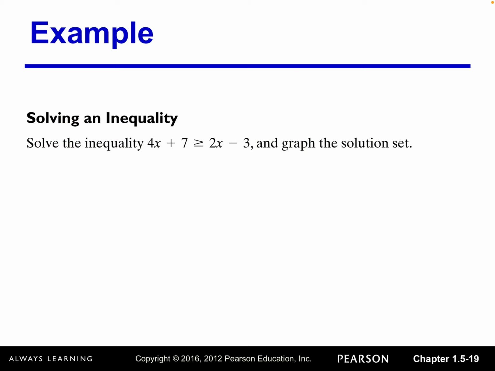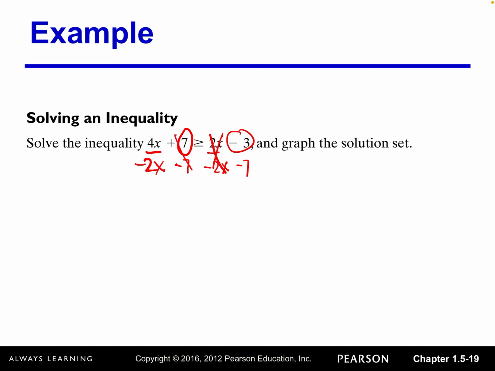All right, let's try another example. Solve the inequality 4x plus 7 greater than or equal to 2x minus 3. Similar to solving an equation, we need to put the variable terms on one side and the constant terms on the other side. So let's subtract 2x on both sides, and minus 7 on both sides, so that all the variable terms move to the left-hand side and the constant terms move to the right-hand side.